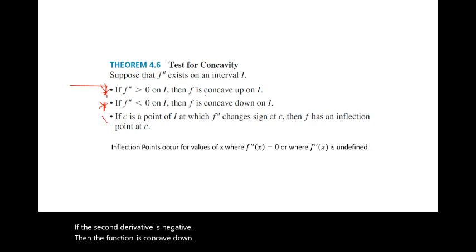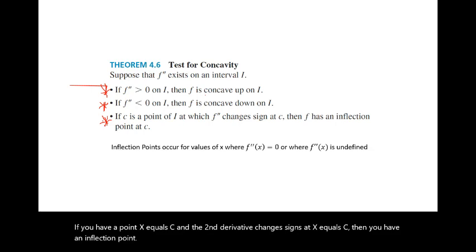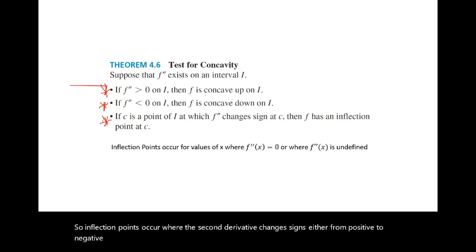And if you have a point x equals c and the second derivative changes signs at x equals c, then you have an inflection point. So inflection points occur where the second derivative changes signs, either from positive to negative or vice versa.